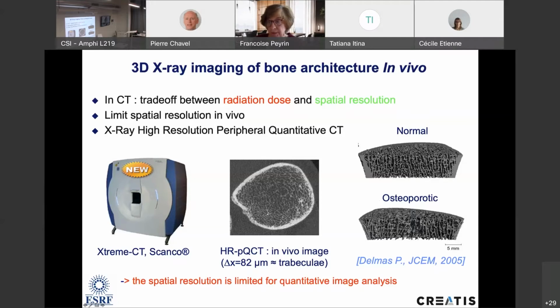The peripheral structure of bone is the cortical bone, and the inner structure is the trabecular bone. And you can see that in an osteoporotic patient, for instance, you have a degradation of the trabecular microarchitecture, and this system allows to see this degradation, so it's very interesting.